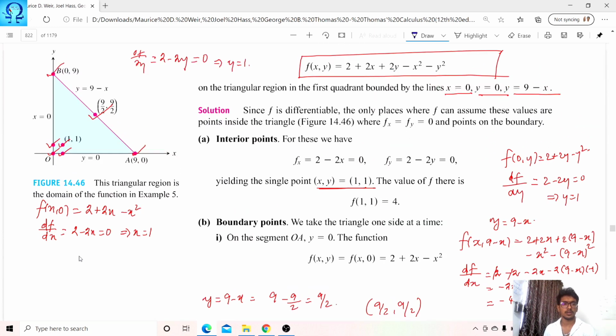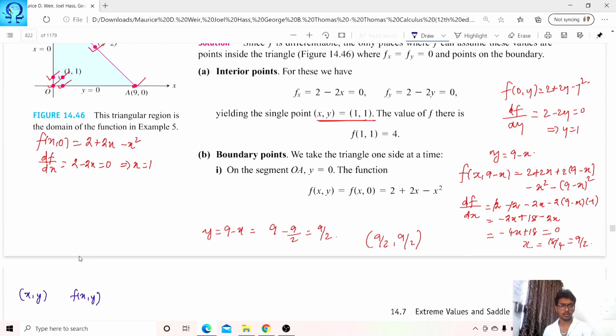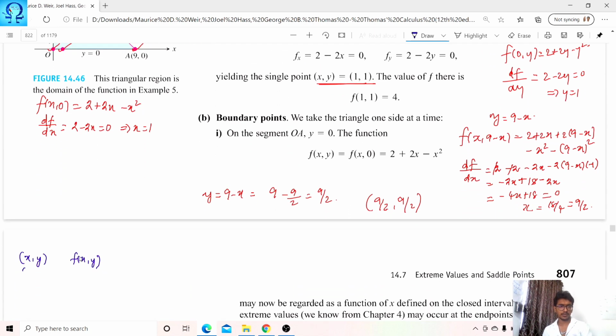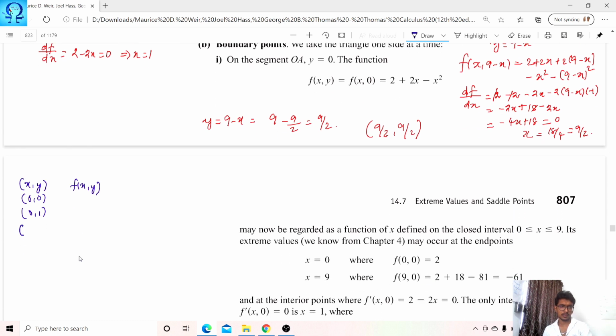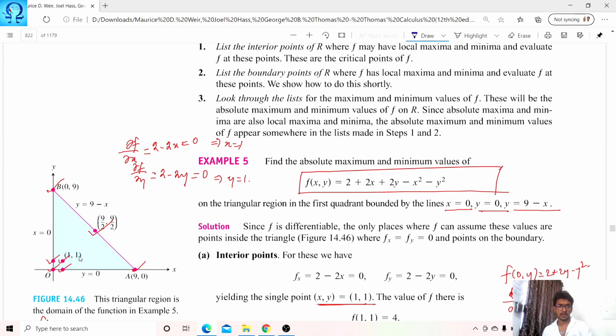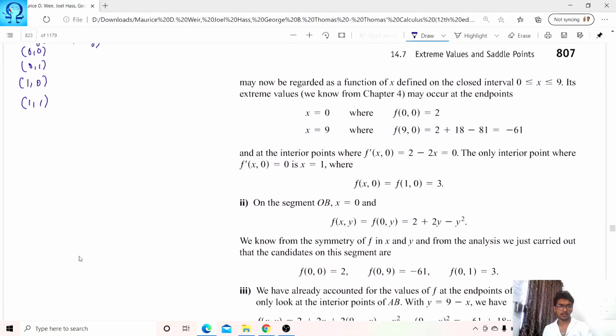So the points, what are those points? That is 0 0, 0 1, 1 0, 1 1, 9 0, 0 9, and 9 upon 2 comma 9 upon 2.